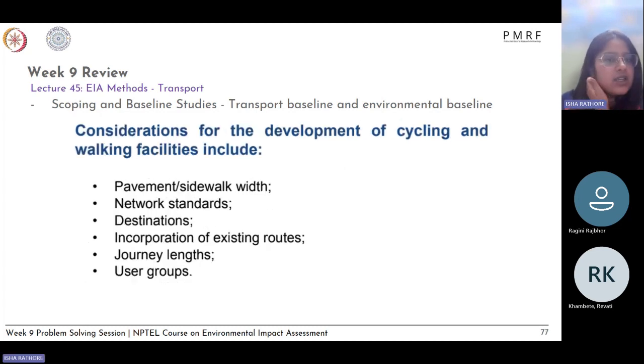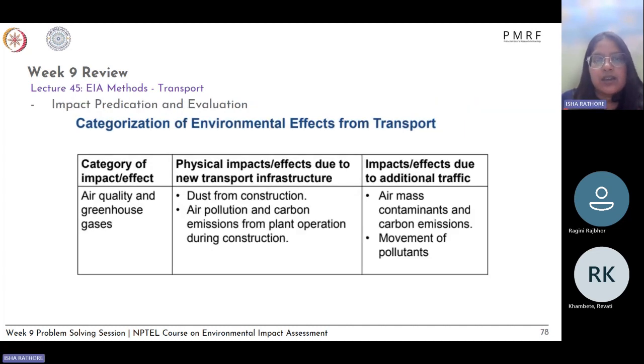transports we see. For cycling and walking, we consider parameters like pavement or sidewalk width, network standards, destinations, incorporation of existing routes, journey lengths, user groups. Then based on this, we categorize environmental effects from transport.